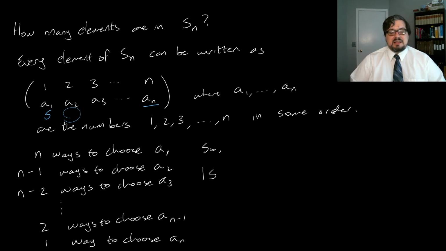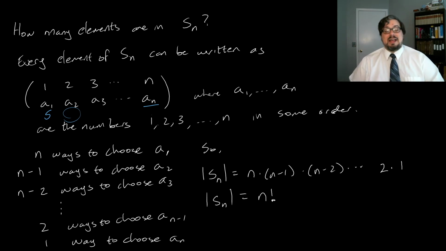So this means that the order of S_n is going to be n times n-1 times n-2, down, times 2 times 1, or, in other words, n factorial. So the order of the symmetric group on n elements is n factorial.